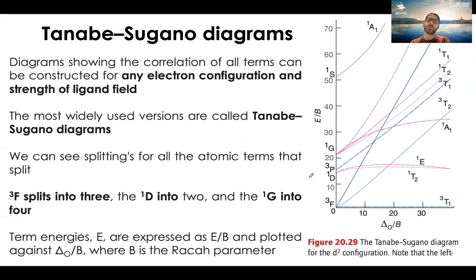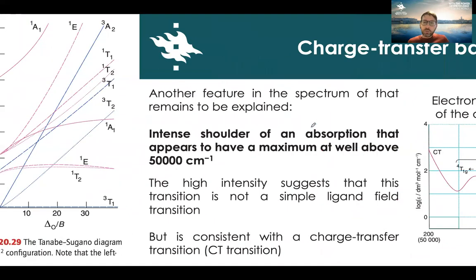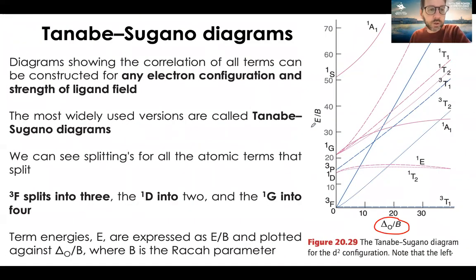So here we have the Tanabe-Sugano diagram for the d2 configuration, in which here we have field strength as expressed by the ligand field splitting parameter divided by B, in which B is a Racah parameter, and here the energy divided by B. This is for d2, but we can have this for all the electron configurations, and then we can see all the terms here for the free atoms and what they become in the octahedral field, for example, and then the relative energies of the resulting terms.